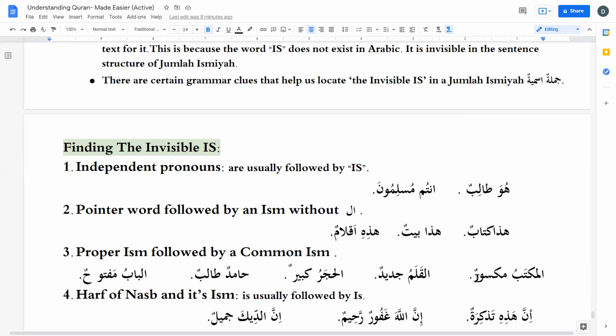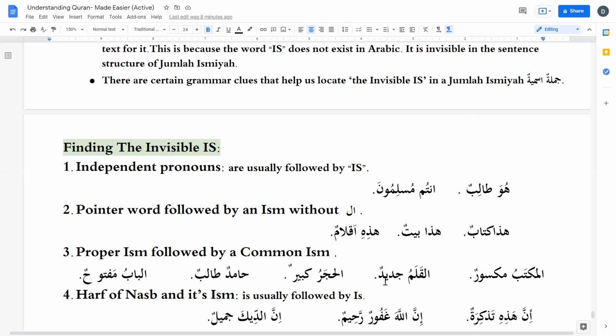Maksurun is common, nakira, with tanween. So al-maktabu maksurun, the desk is broken. Al-qalamu jadidun. Again, al-qalamu is proper with al, and jadidun is the khabar, which is a common ism.